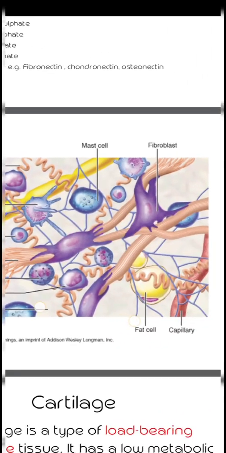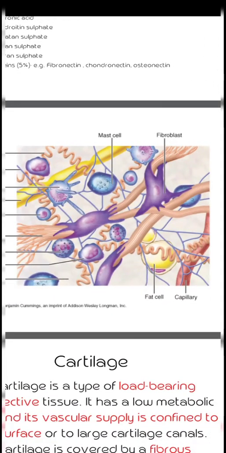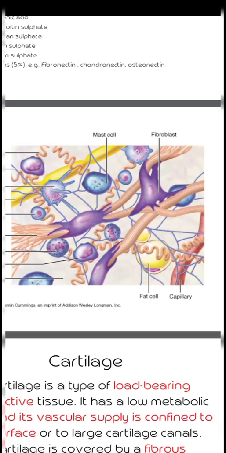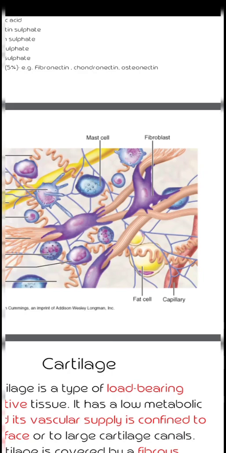Okay, so here we see a picture of a connective tissue. What is it? Let's see. It contains a fibroblast, as well as a fat cell or adipocyte, as well as a mast cell.